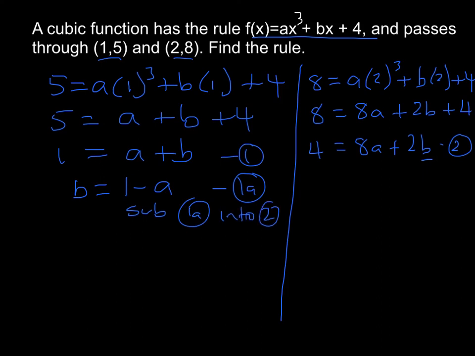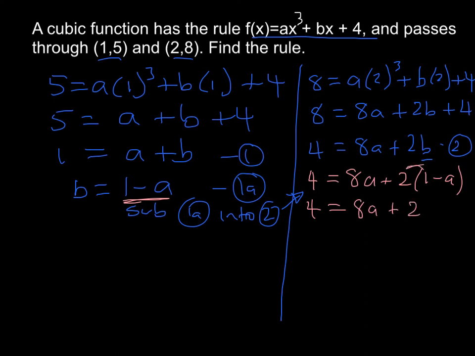I'll change colour so you can see this is a little bit different with the substitution. 4 is equal to 8a plus 2, but b from over here is equal to 1 minus a. So keep going, 4 is equal to 8a plus, expand this out, 2 times 1 is 2, and 2 times negative a is negative 2a.